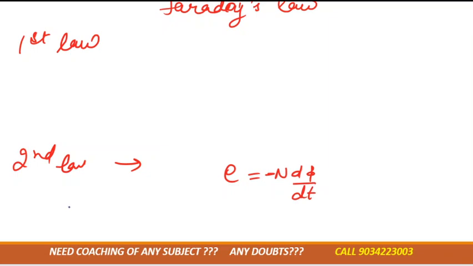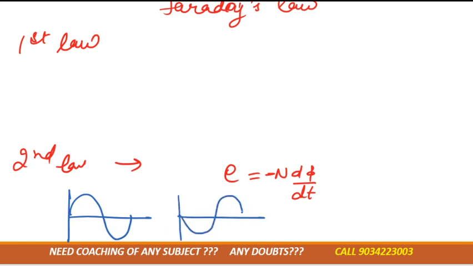What does the minus sign indicate? Suppose we apply voltage in this particular direction, first positive then negative, then we get induced EMF in the opposite direction, first negative then positive. So the negative sign just represents the change in direction. So the second law is that if there is any change in flux with respect to time, then EMF will be induced.